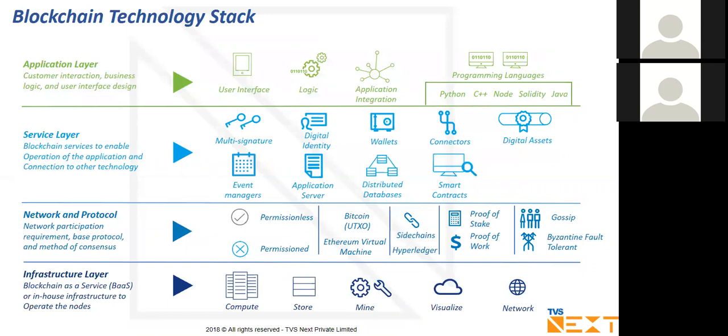And most of these blockchain systems are mainly categorized into two parts: either a permissionless blockchain system or a permissioned blockchain system. There are multiple permissionless systems currently available, like Ethereum and Bitcoin.